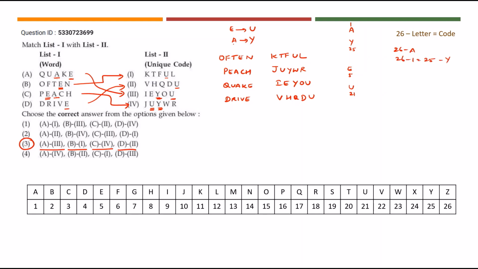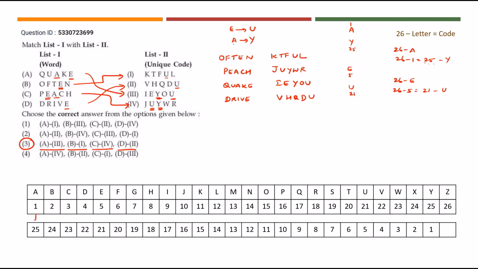This will give Y. Similarly, 26 minus E is 26 minus 5, which is equal to 21 and it is U. So 26 minus the particular letter's number will give a number and you have to choose that particular letter as the code. 26 minus 1 will give 25, 26 minus 2 will give 24, till 26 minus 25 we have here.